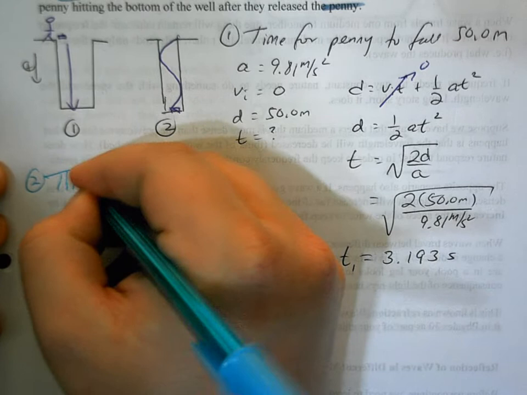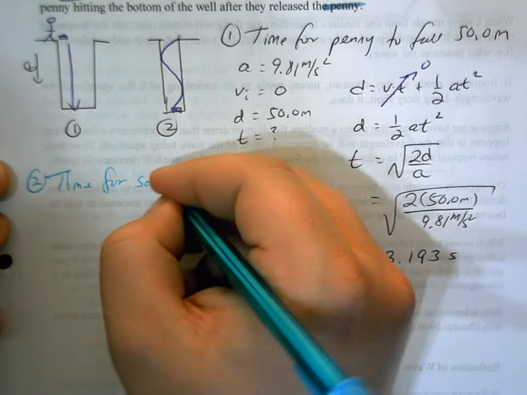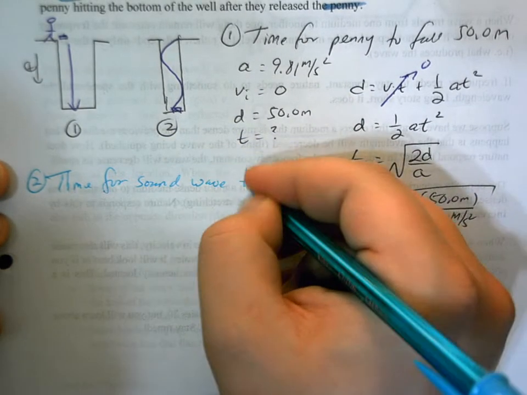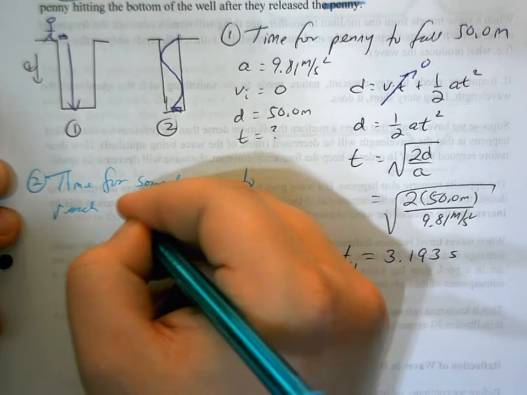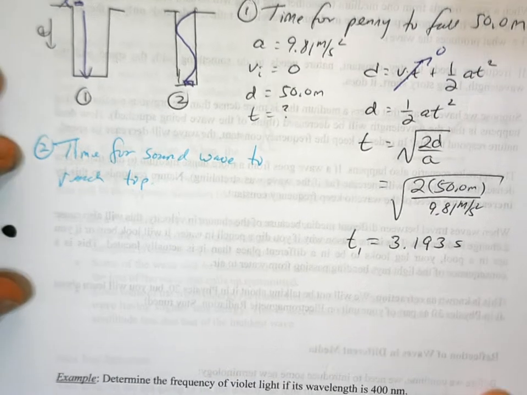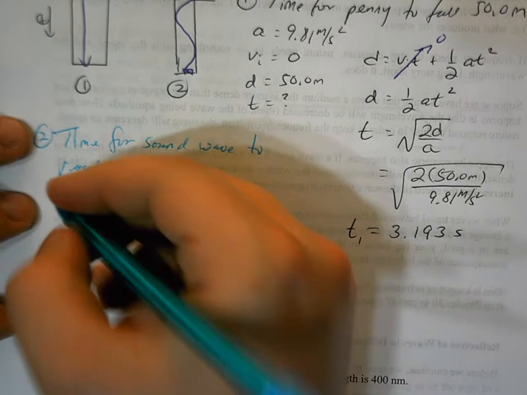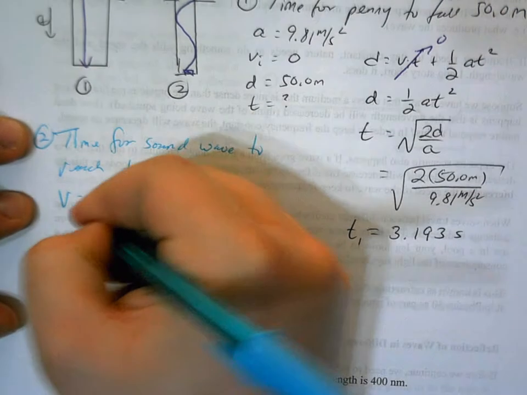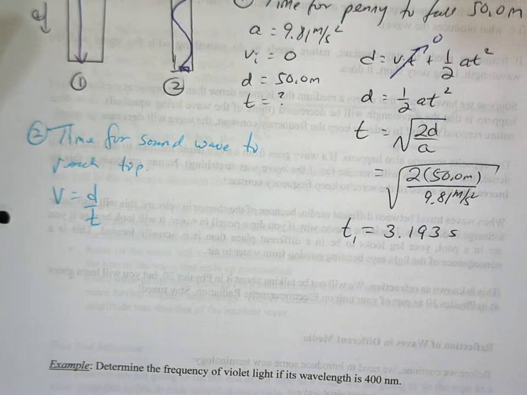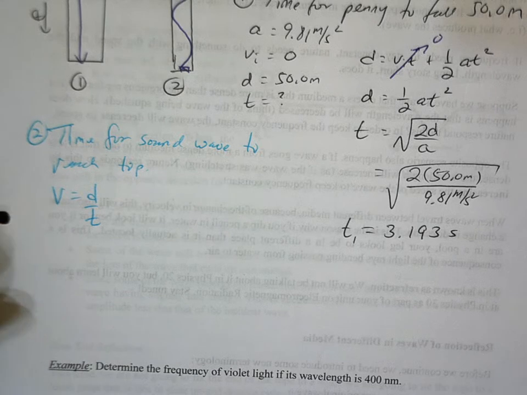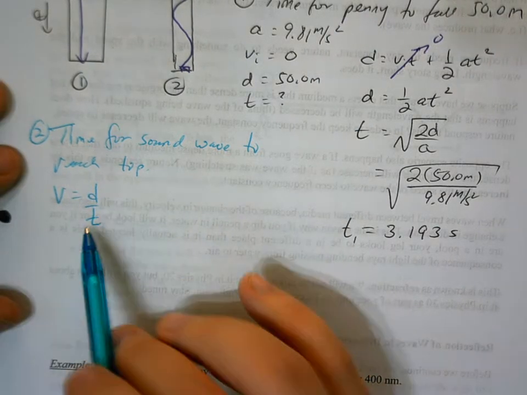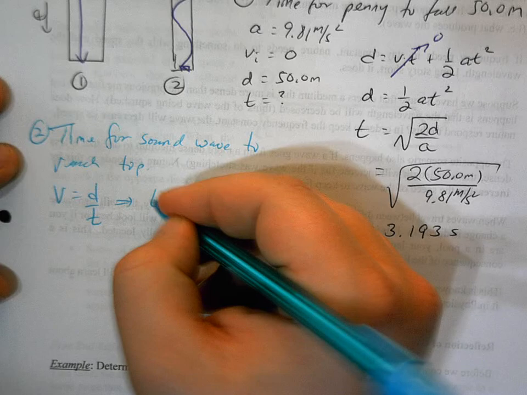So we're going to find the time for the sound wave to reach the top. Because this is a wave, now for wave mechanics, we always are allowed to use v equals d over t because waves don't accelerate. Waves allow us to use uniform motion. We know the distance, we don't know the time, or sorry, we're trying to find the time.